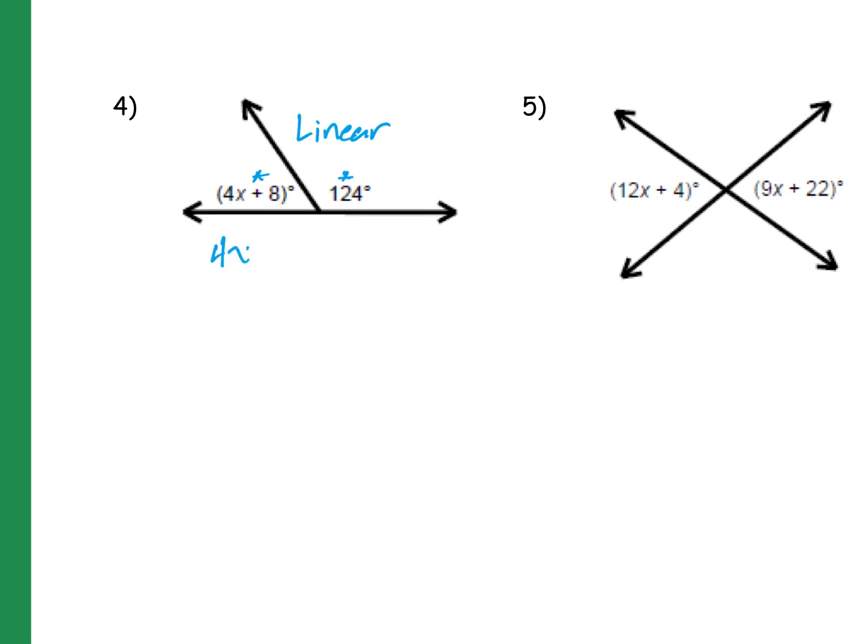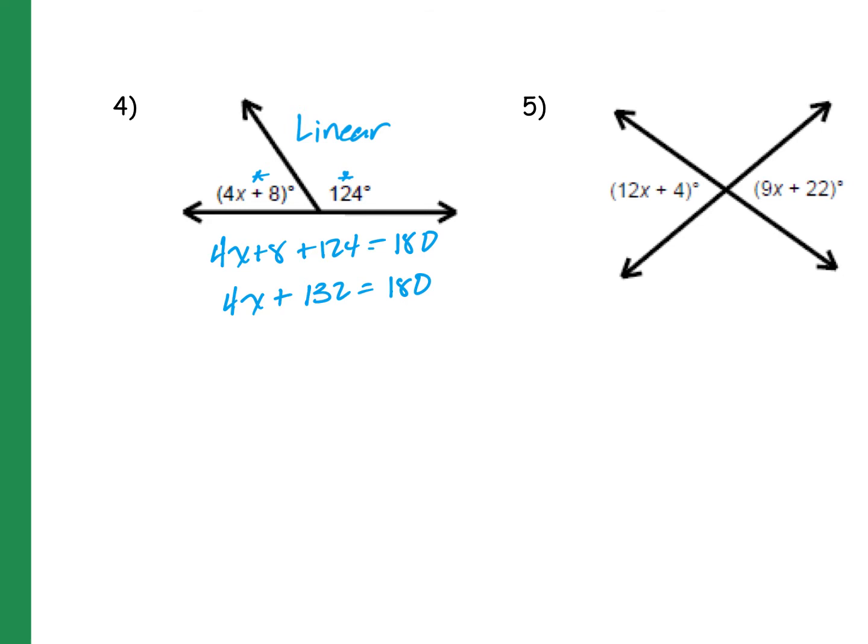So I have 4x plus 8 plus 124 equals 180. So 4x plus 132 equals 180. And then what am I going to do?